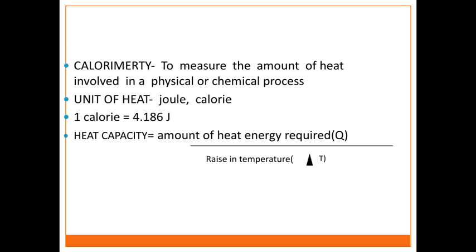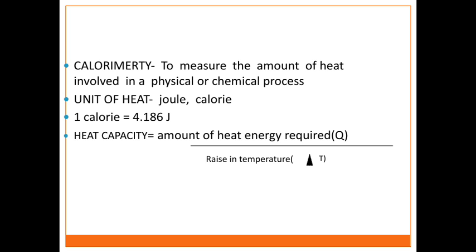The triangle symbol denotes change. So from 30 degrees it rises to 40 degrees. How much is the temperature changed? 10, right? From 30 to 40 the difference is 10. So that is the rise in temperature, denoted by the small triangle, that is called change.